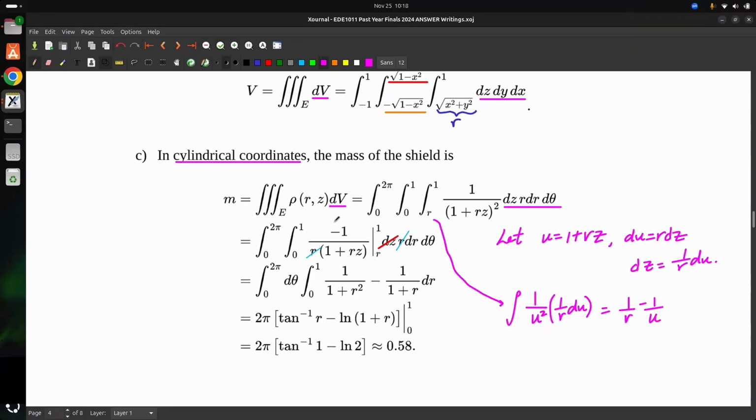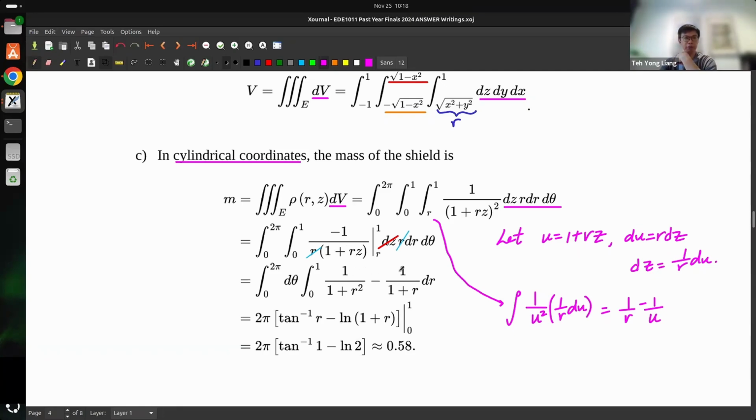Prof, what will happen to the negative one on top? Is it due to the application of the substitution rule there? Oh, you mean this minus 1? Yeah, because the next step is 1 over 1 plus r square minus 1 over 1 plus r dr. Wait, where's my minus 1 here? If I sub in the limits, I should get minus 1 over 1 plus r squared.